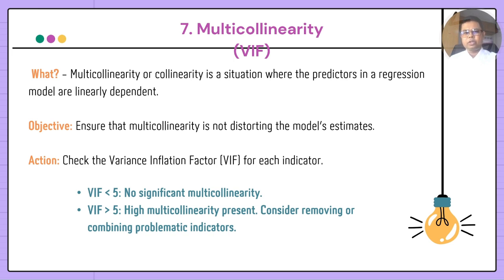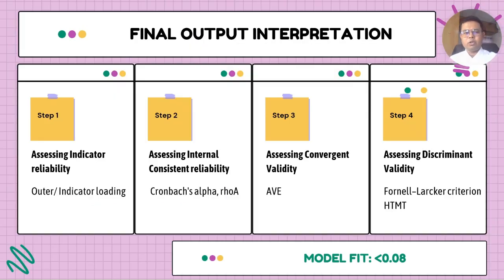You must ensure that your data does not have a multicollinearity problem. Theoretically I wrote here that the value should be less than 5, but when you practice, please keep in mind this value should be less than 3.